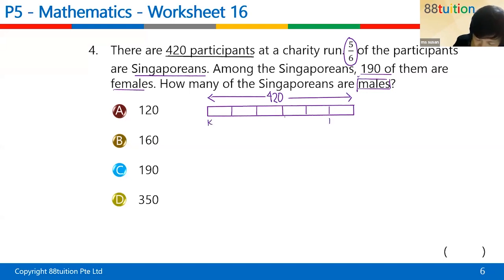That means from here to here, we call them SG, Singaporean. And from the Singaporeans, 190 of them are female. So from here to here, let's do this.